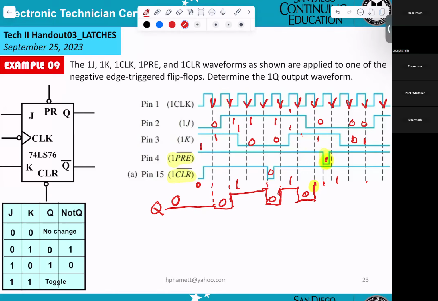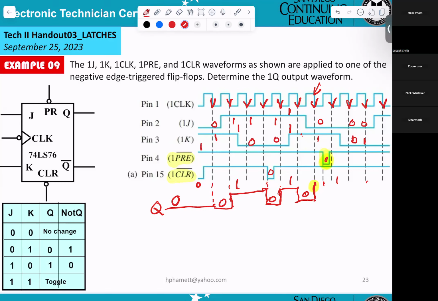Before this clock, you get one here and one here. You get a clock, and they toggle.